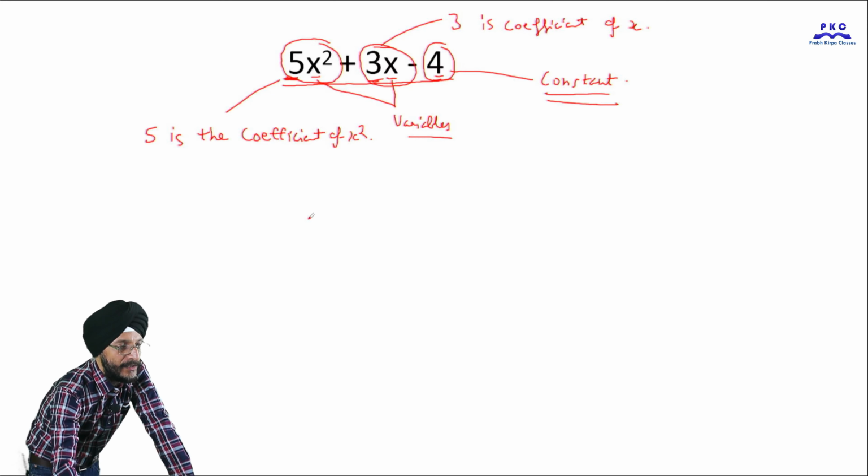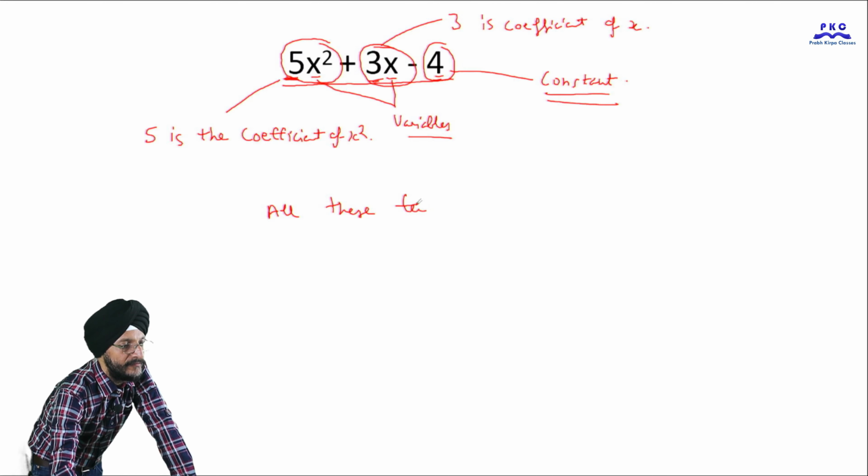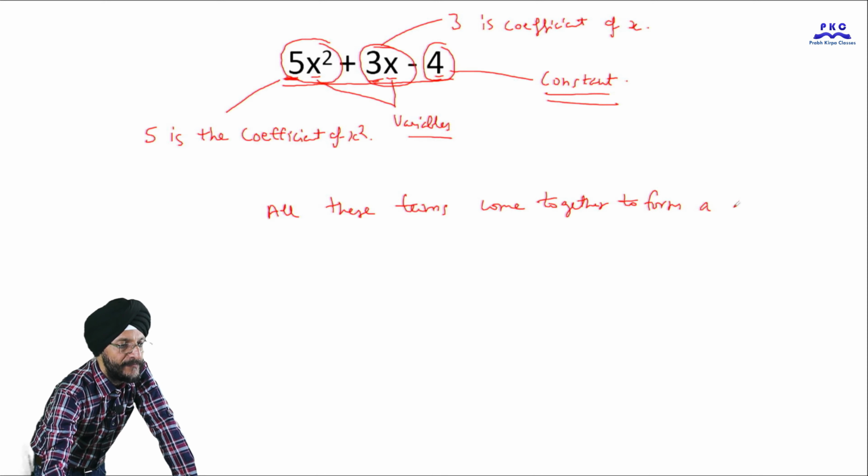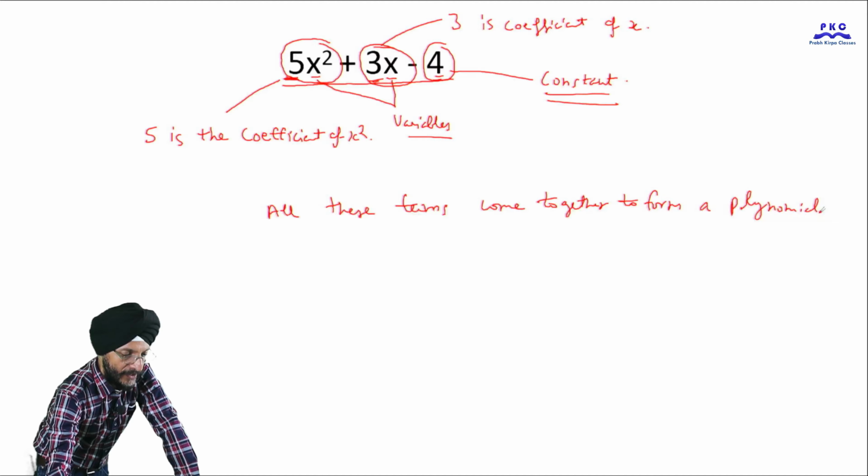All these terms come together to form a polynomial.